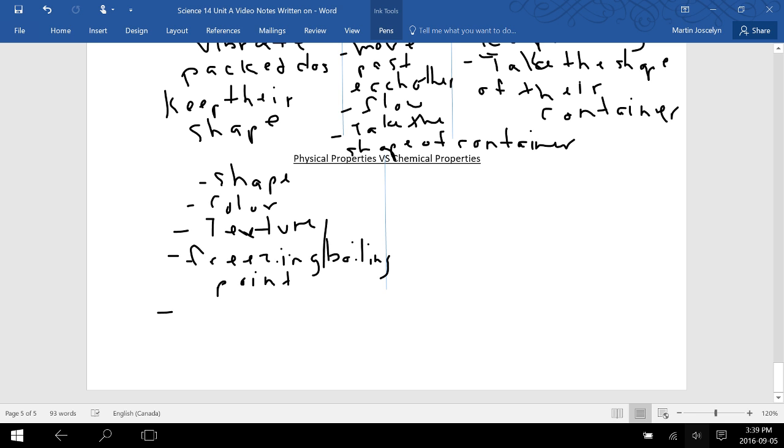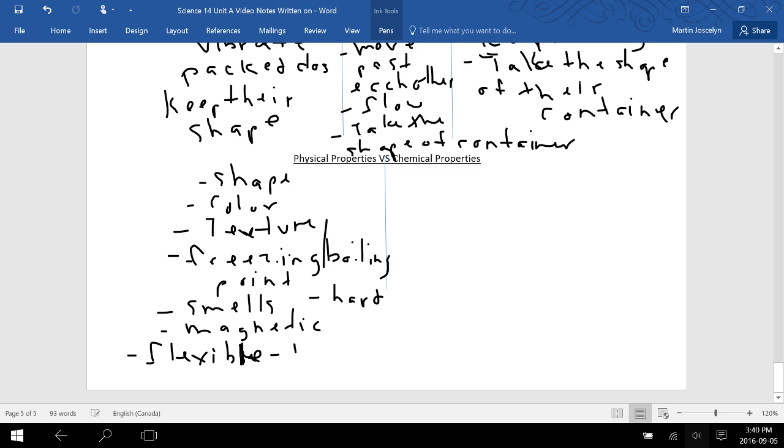It could be how it smells. Is it magnetic? Is it hard? Flexible? How dense it is.